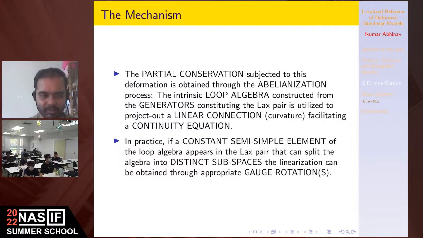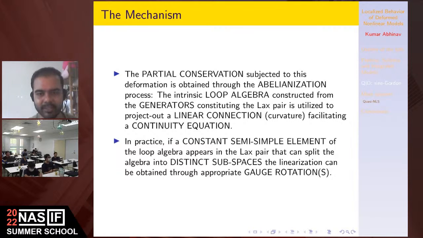Like you have the zero curvature condition, which has a non-abelian part, the commutator. You want to get away with this. For that, we'll use something called a loop algebra, which is constructed from generators. Which are the generators? Those Pauli matrices, for example, you remember from KdV equation and Sine-Gordon equation and nonlinear Schrodinger equation. Those Pauli matrices are the generators.